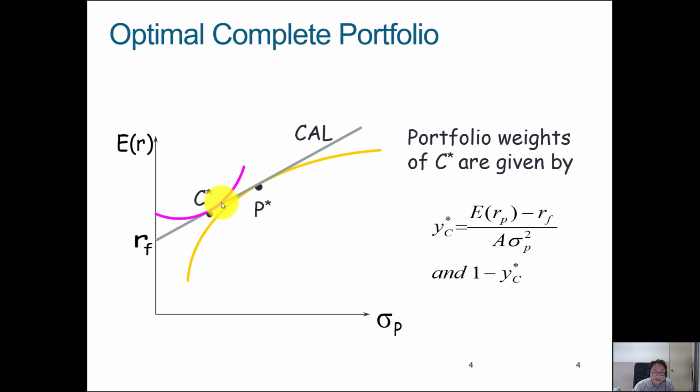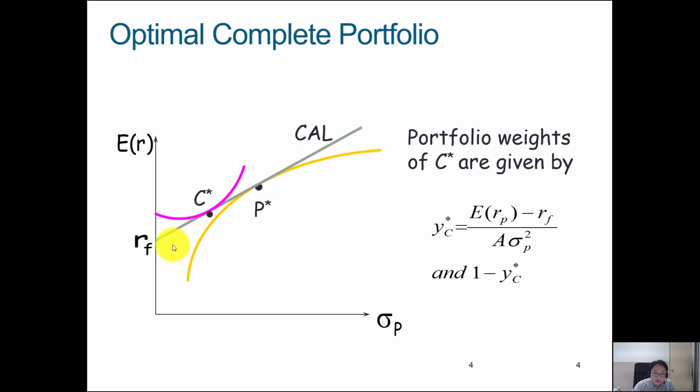If this purple line is my indifference curve, or my utility function, and I don't have a risk-free asset, I'm so risk averse that I'm unable to invest in the market portfolio, because the purple line and the yellow line don't intersect.